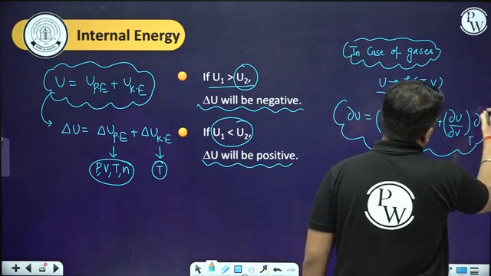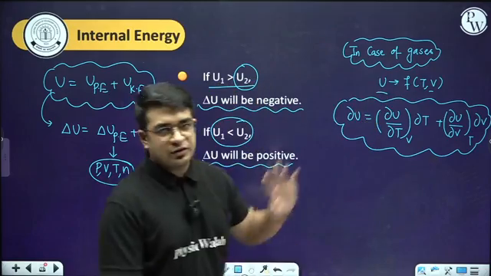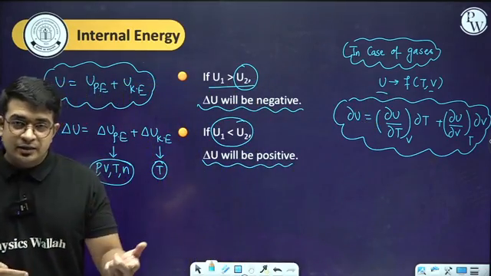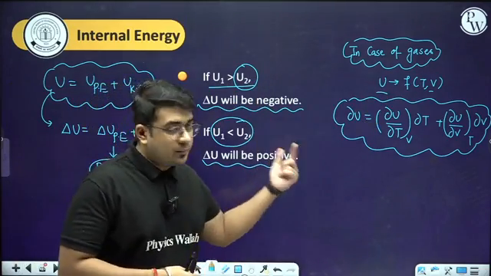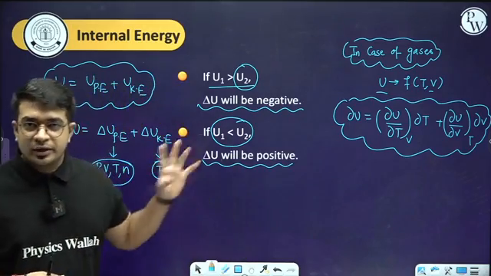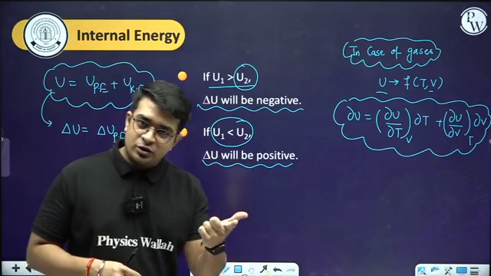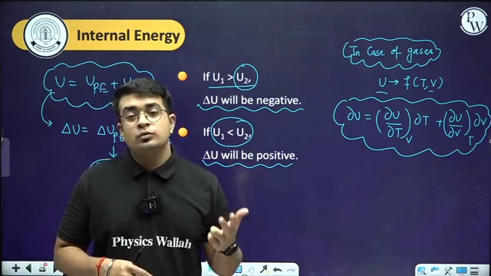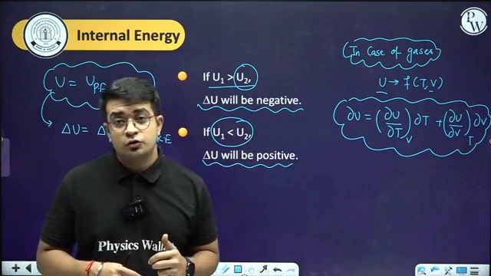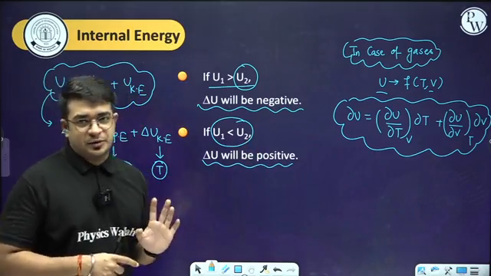You can write this type of expression if something is a function of temperature and pressure, or pressure and volume. We are going to derive these types of relationships for enthalpy also, for Gibbs free energy also, and if possible we will try to derive some relationship for Helmholtz energy also. Okay, so this is the first expression.